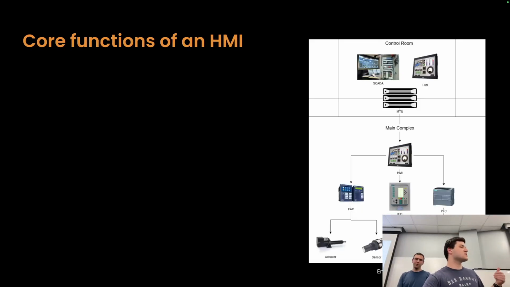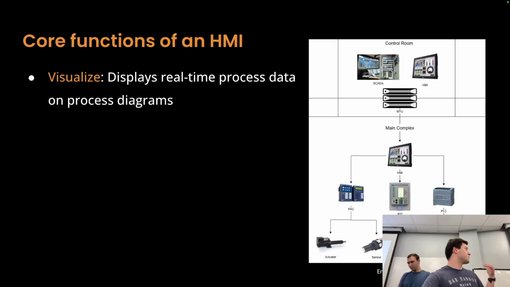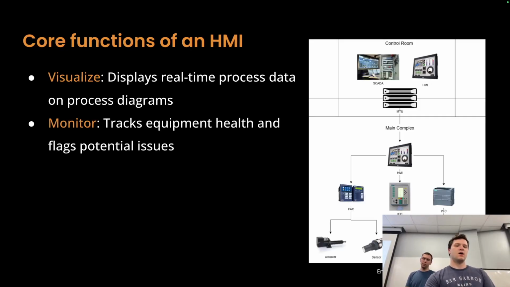The core functions of an HMI, as I've already talked about, are visualization: it displays the real-time process data on diagrams and graphics. It tracks equipment health and flags potential issues that may arise with the connected equipment.